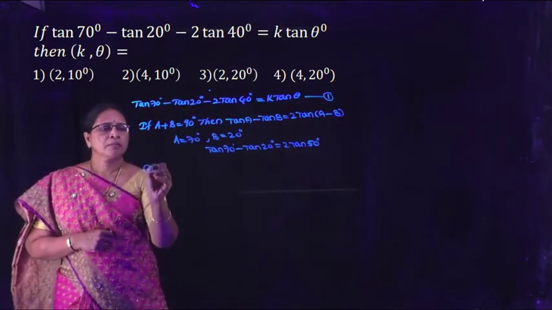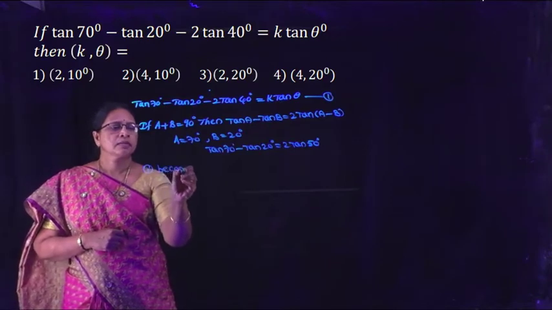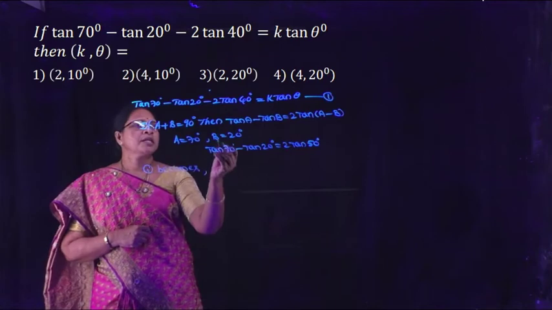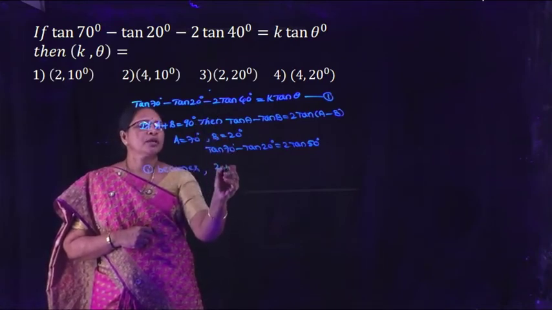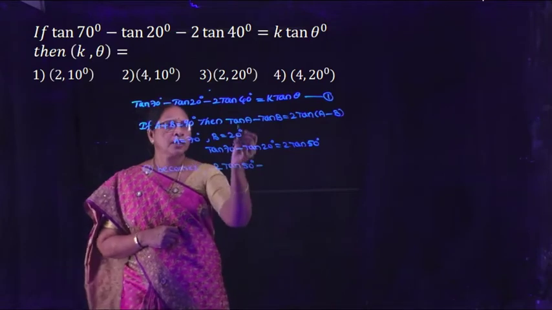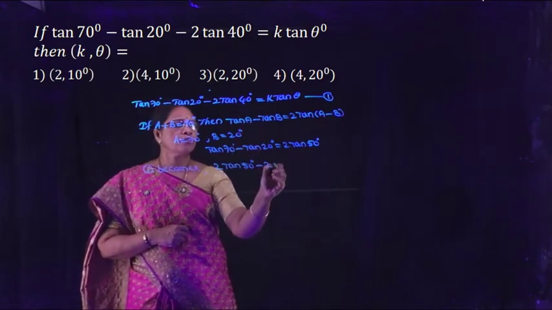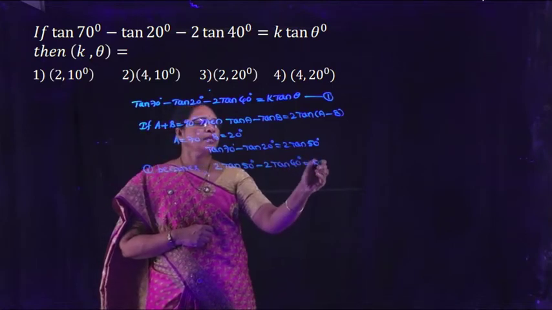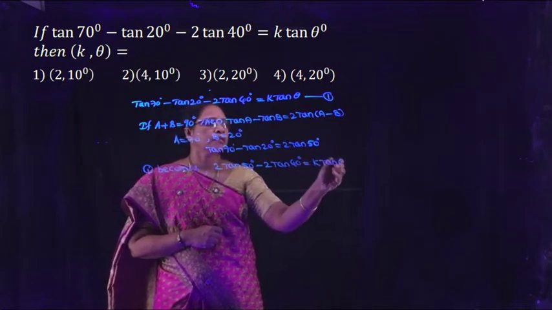Here 1 becomes tan 70 minus tan 20 is 2 tan 50. 2 tan 50 minus 2 tan 40 degrees is equal to k into tan theta.